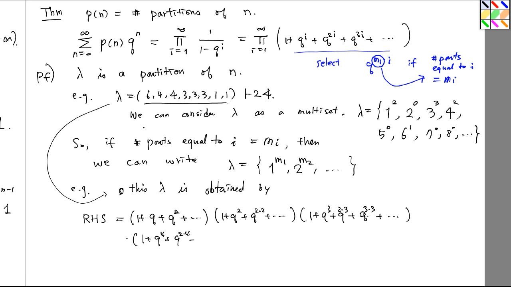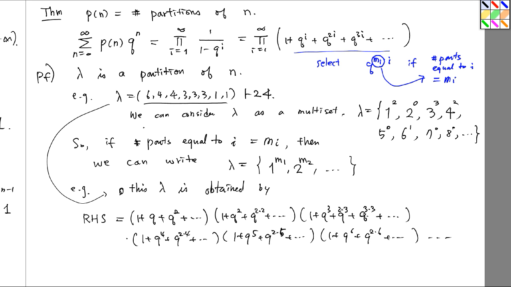So we have a bunch of these. 1 plus q to the 5th, to the 2 times 5th. And then we have an infinite product like this.